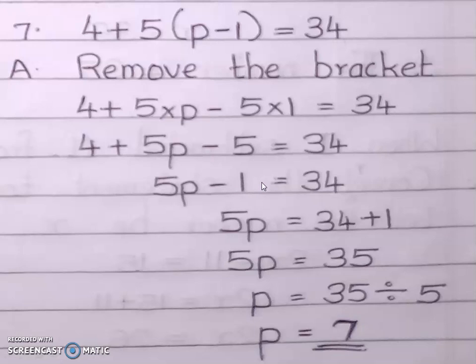Minus 1 goes to the other side. It becomes plus 1. So 5p equal to 35. So p is equal to 7. So the solution of this equation is p equal to 7.